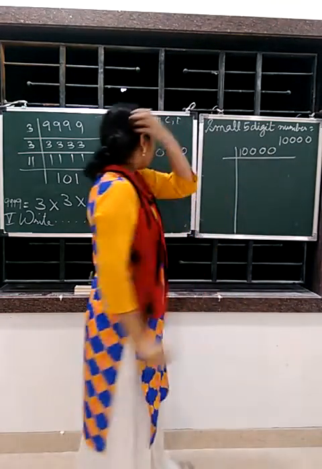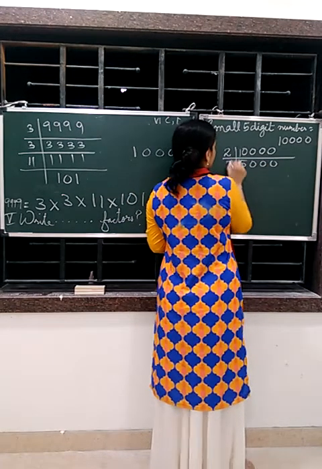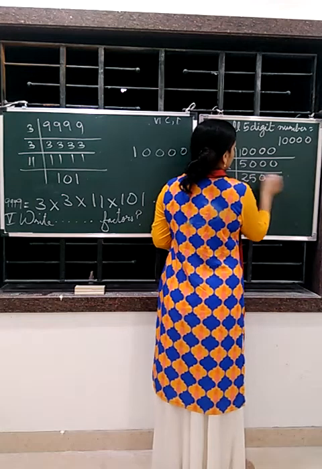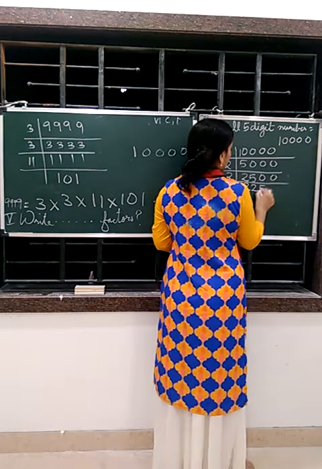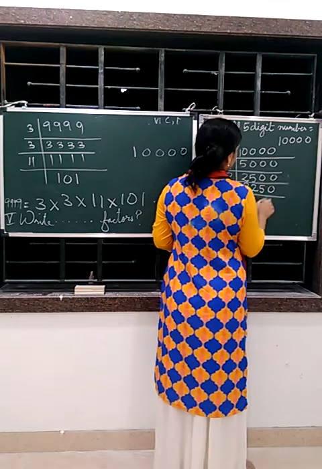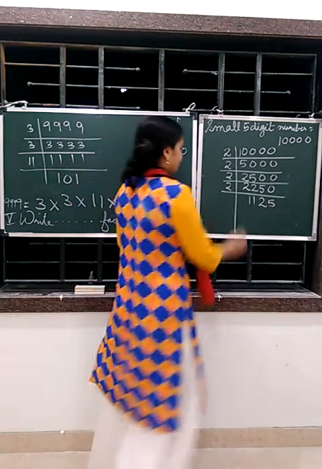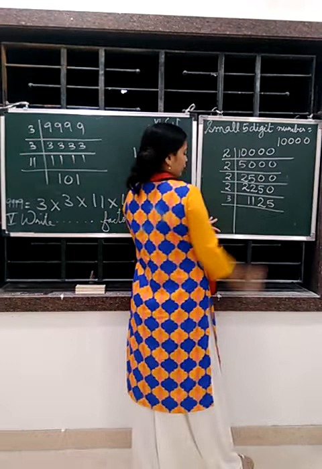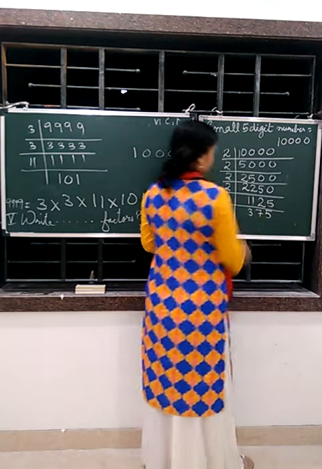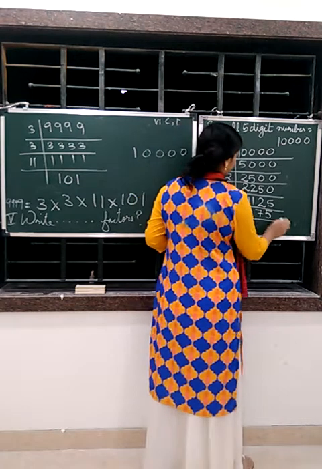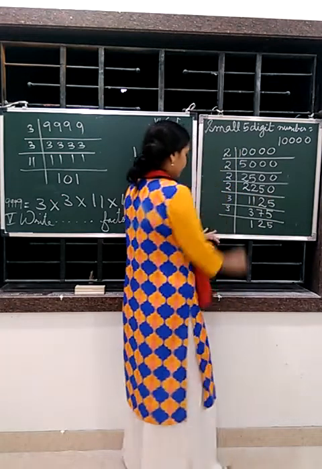Now it will go by 2 because the last digit is even. Still it will go by 2. Still it will go by 2. Still it will go by 2. Now it will go by 3. When you sum up, total is 9. Still it will go by 3. Now it will go by 5.